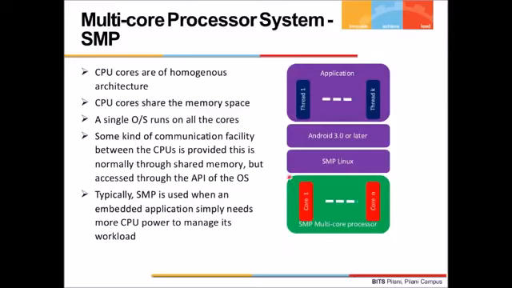That's why there is a version of Linux called SMP Linux, which is available to run on this kind of system, that is an SMP system. In an SMP system you cannot have multiple operating systems running simultaneously.